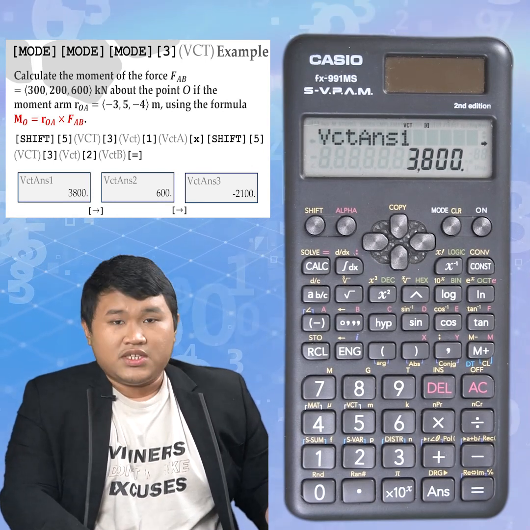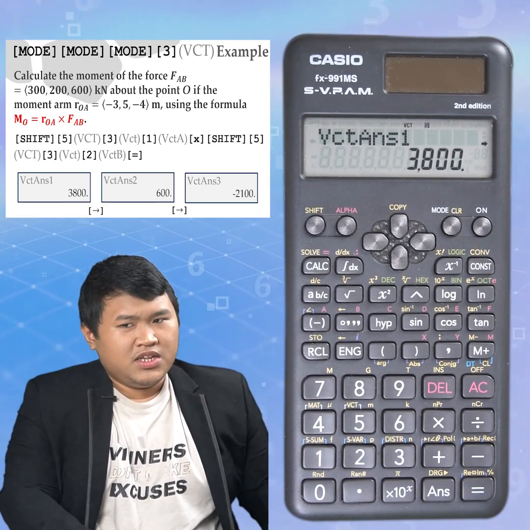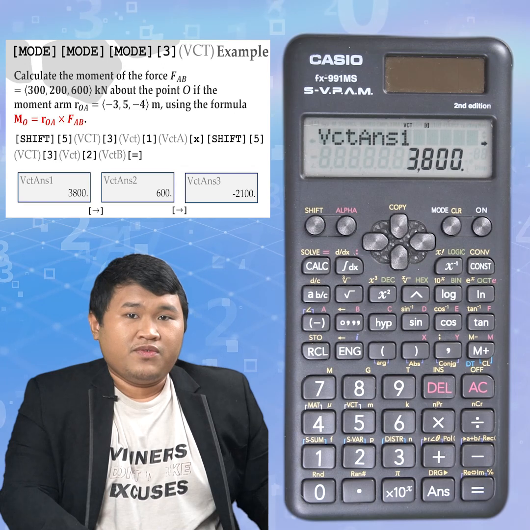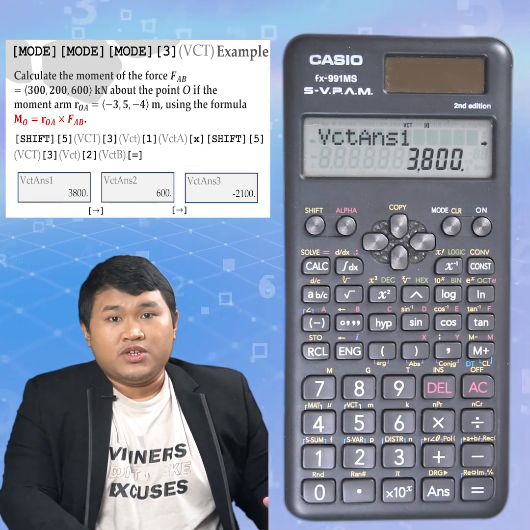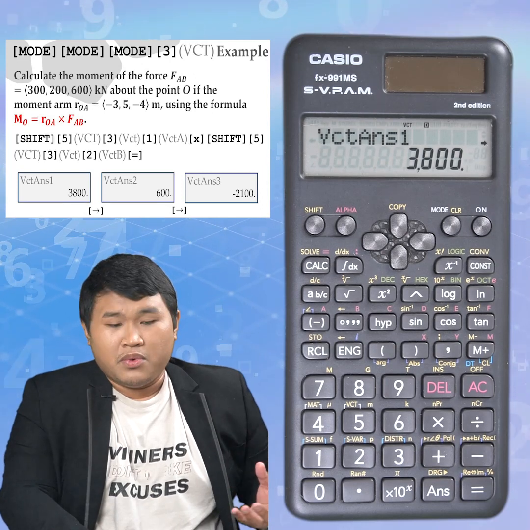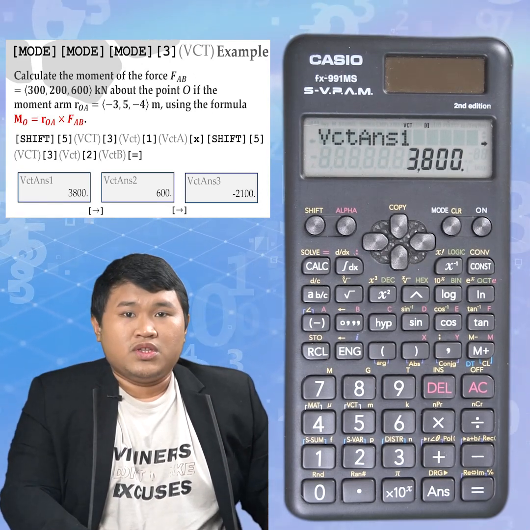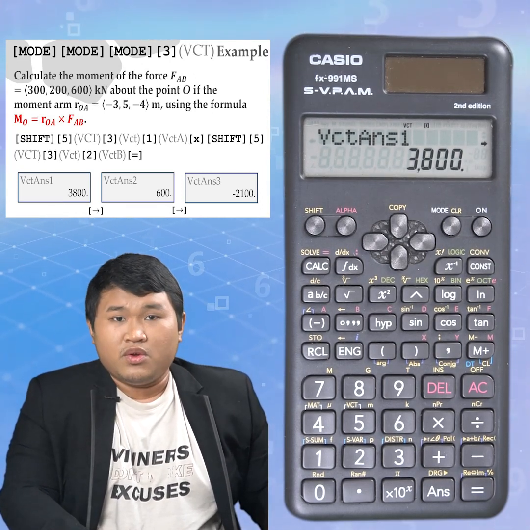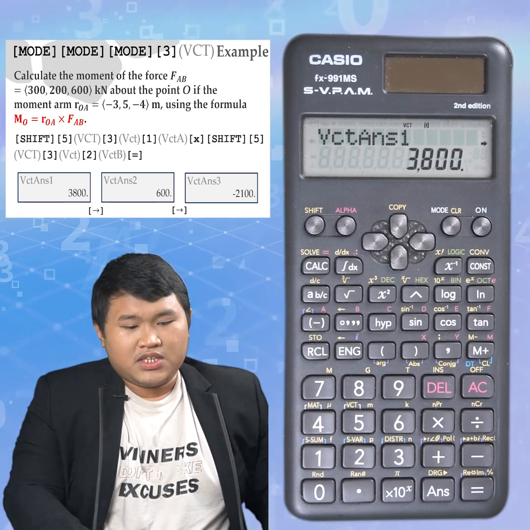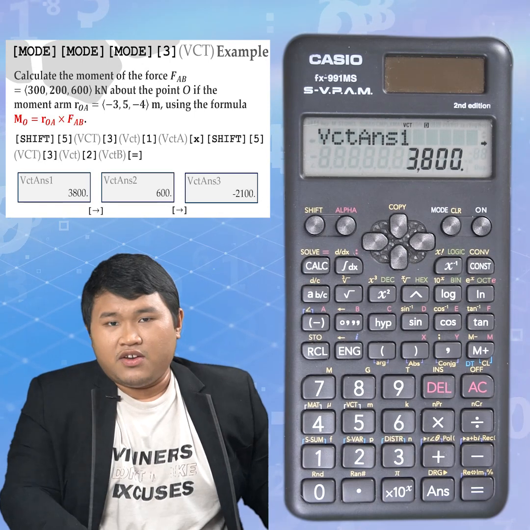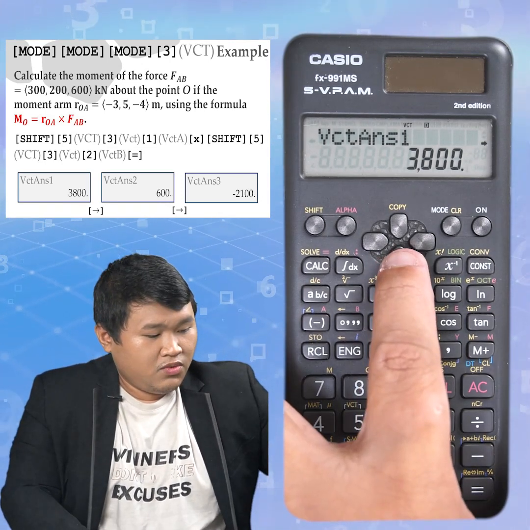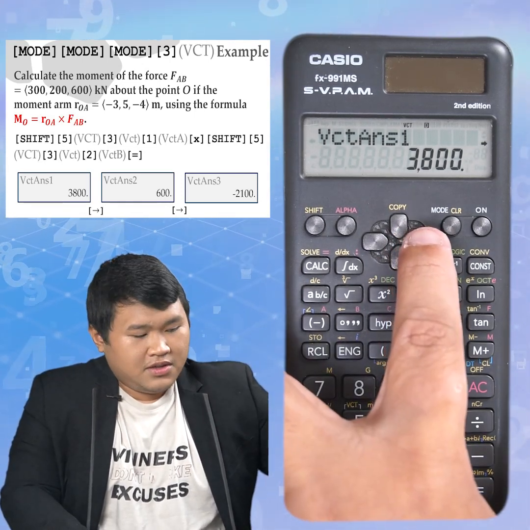Now in this case, it's not the usual as in the 991ES or the 570ES. Instead, in the 991MS, vector results are shown per component. So first, it will show the first component of the answer. In this case, it's 3,800. Pressing equals will show you nothing, of course. So in this case, you will press the right key.